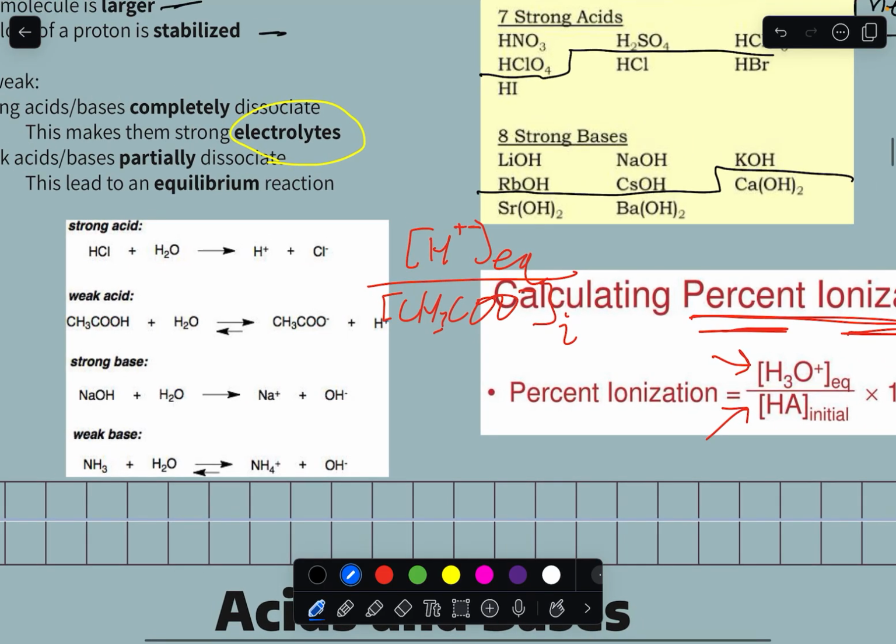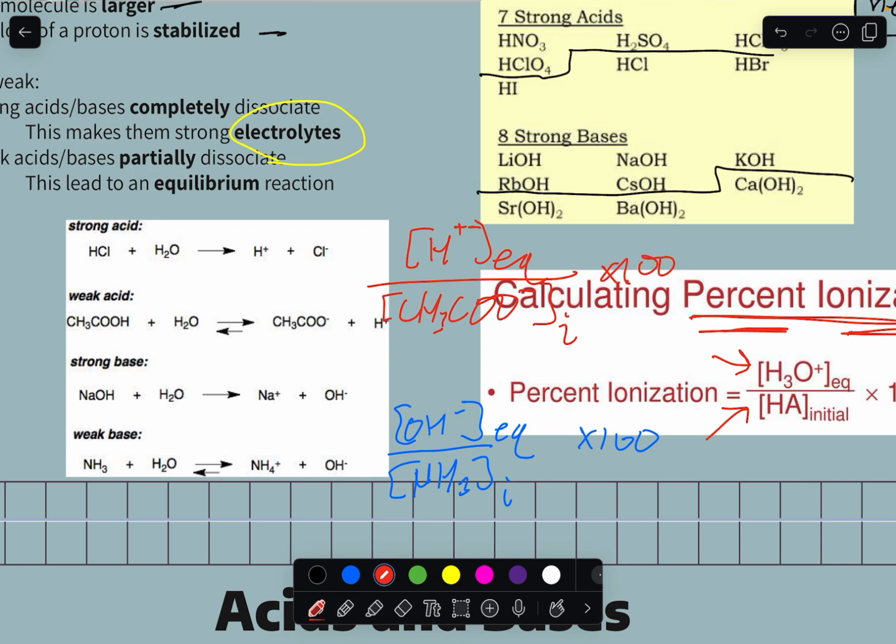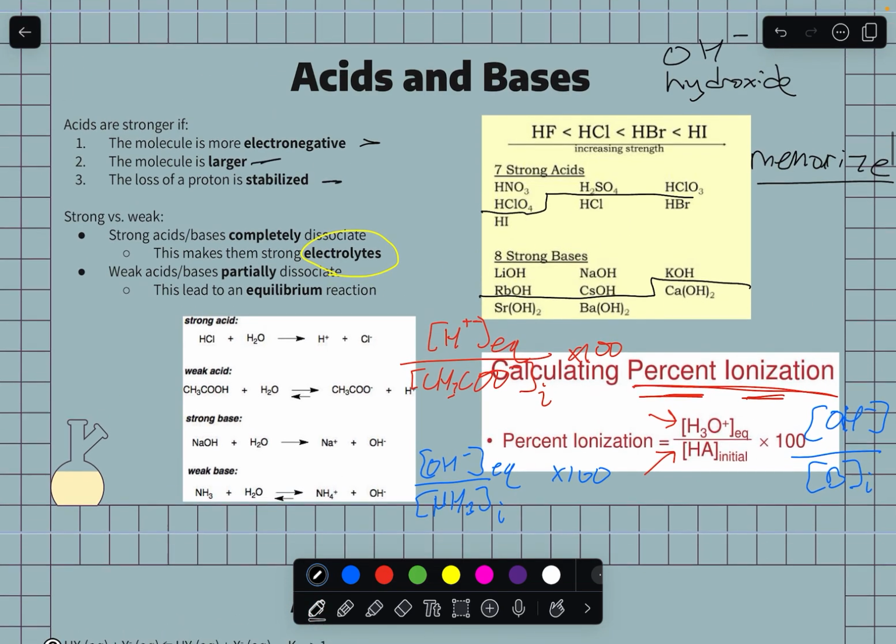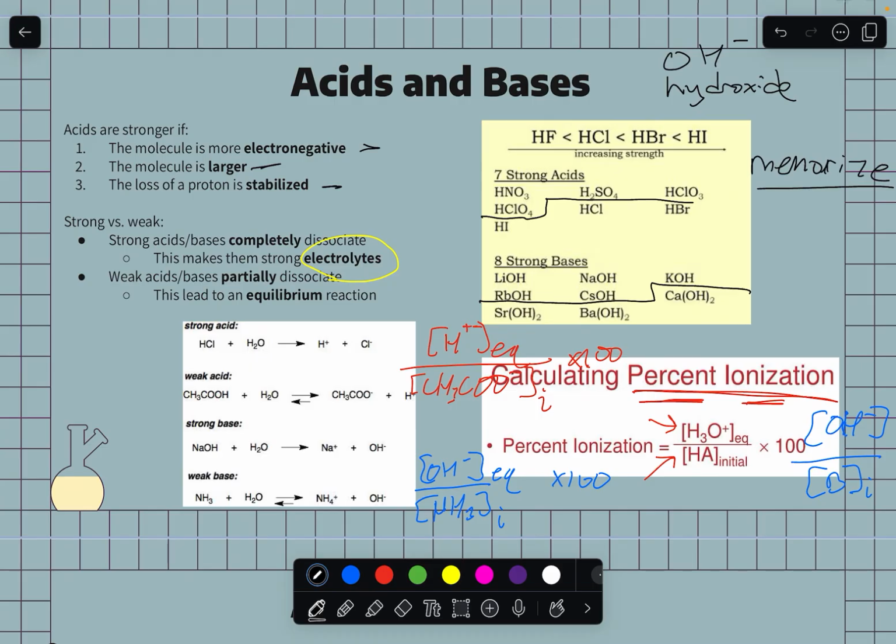So the example here would be OH minus at equilibrium divided by NH3 initial, times 100. Don't forget the times 100 to make it a percent. This equation is not on your formula sheet. You do need to know this equation, but it's a simple equation. It's your product divided by what you started with.